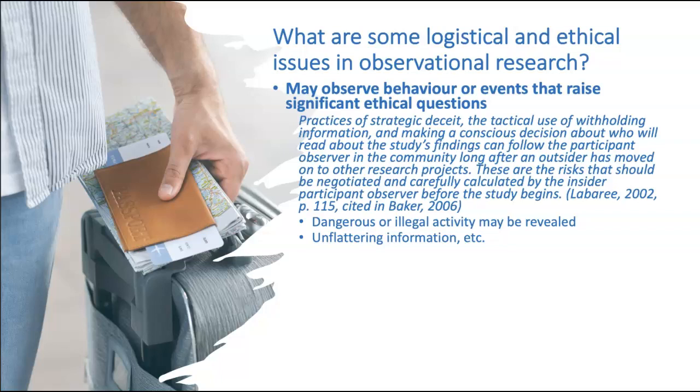Baker, in one of her statements, reminds us that practices of strategic deceit, the tactical use of withholding information, a researcher may not tell a participant everything, for example, and making a conscious decision about who will read about the study's findings can follow the participant observer in the community long after an outsider has moved on to other research projects. These are the risks that should be negotiated and carefully calculated by the insider participant observer before the study begins.